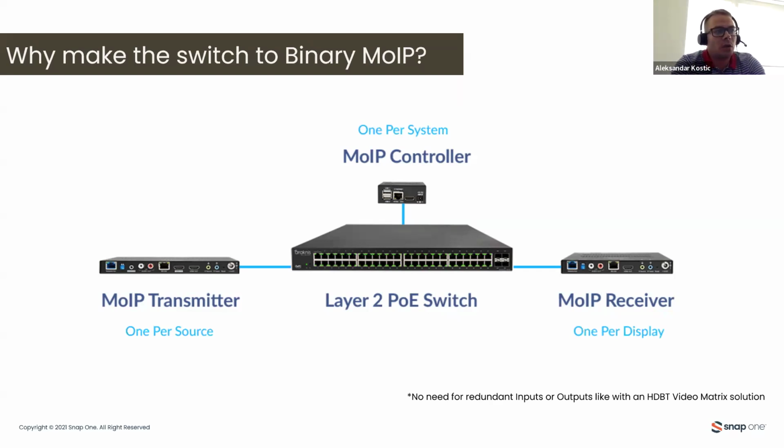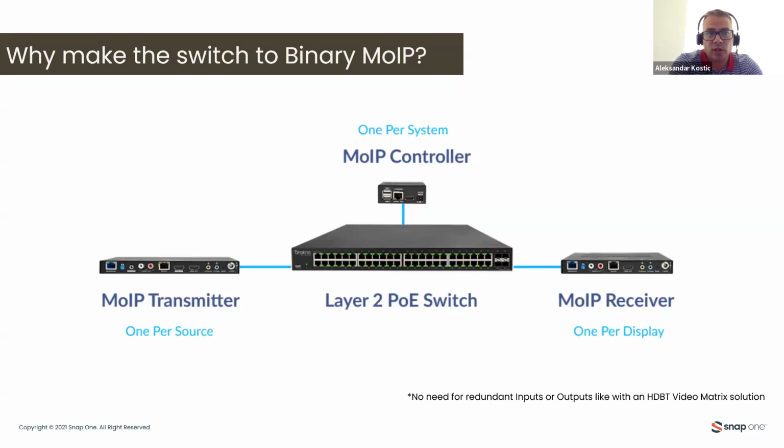So first of all, just to go quickly through the main MOIP concept. MOIP is audio and video transmission through the standard TCP/IP network. The main parts of each MOIP system are transmitter, where you connect your audio or video source, receiver, where you connect your audio endpoint or video display, and you would need a MOIP controller.